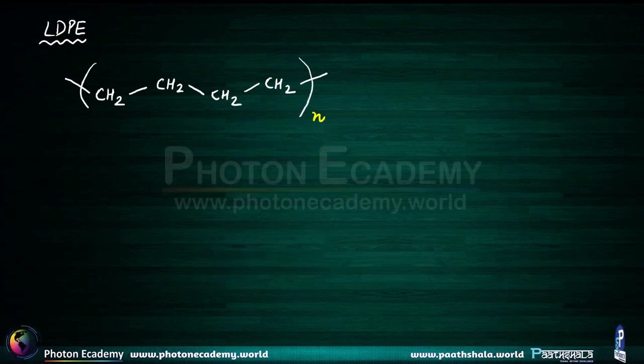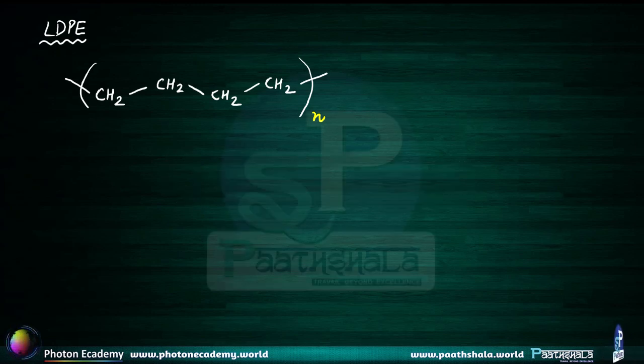Now, because this was not developed at a low temperature, and the process is fast because of the high temperature and high pressure, branching occurs. And what type of branching?